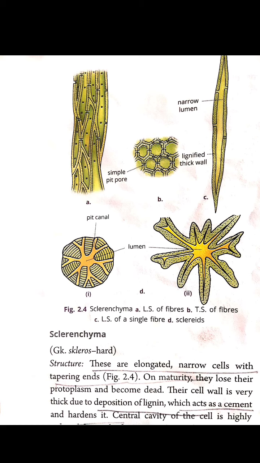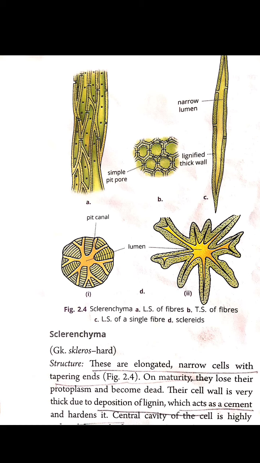Even the fibers in hemp, or the coconut hairs, are made up of fibers, and the outer covering of the walnut is made up of sclerenchymatous cells, sclereids and fibers, and it is found in so many places.